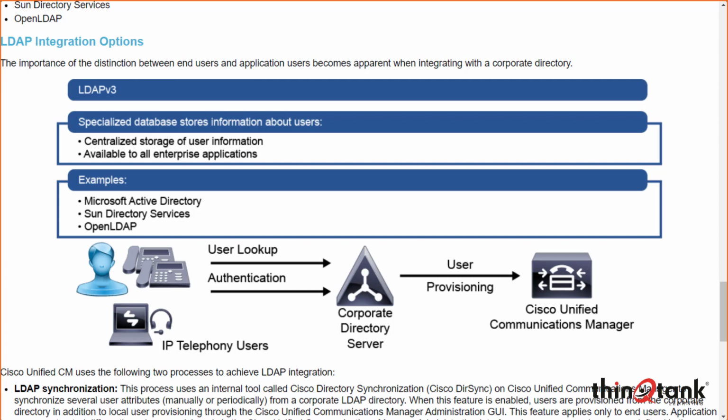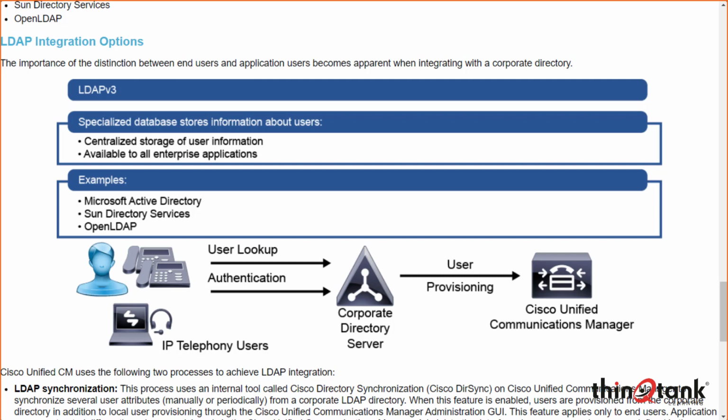But when LDAP synchronization is enabled, the users are provisioned from the LDAP directory into Call Manager. You do have the ability of also doing local user provisioning, but that's for your application users. End users are going to be synchronized from LDAP.